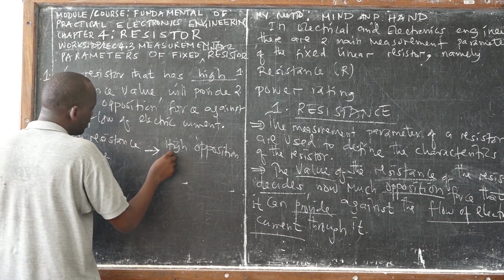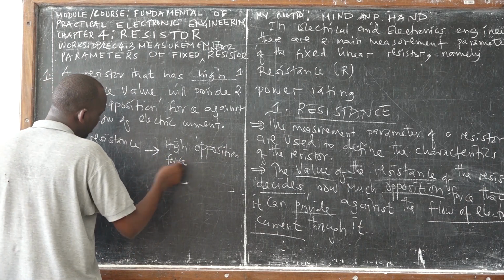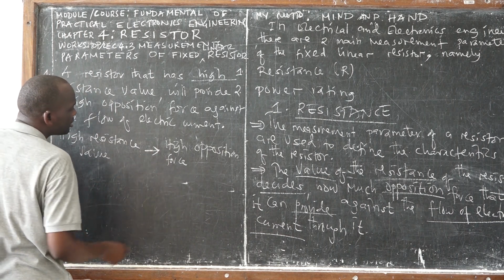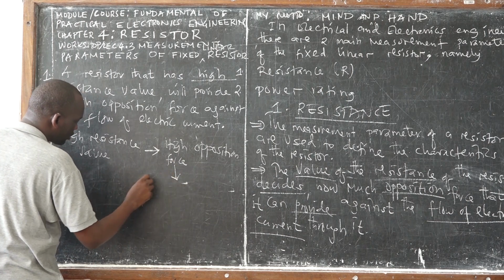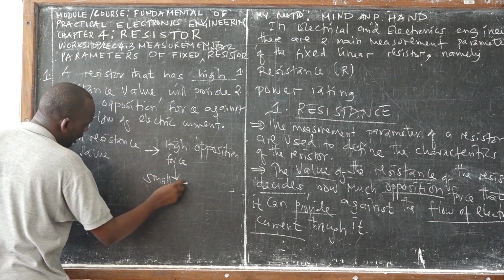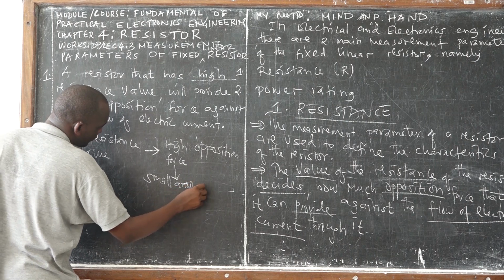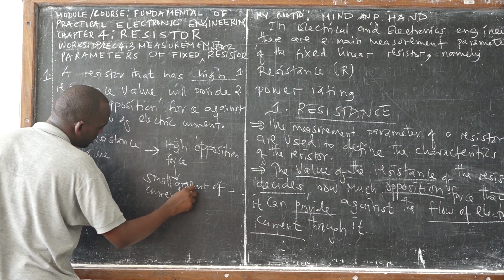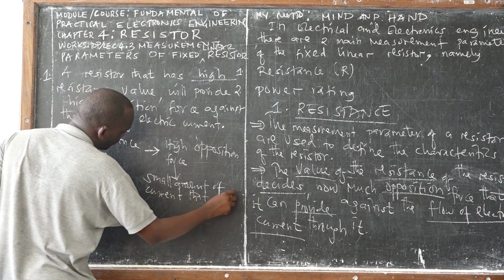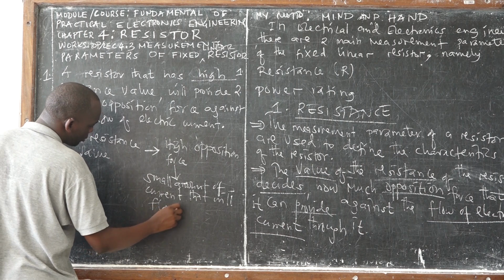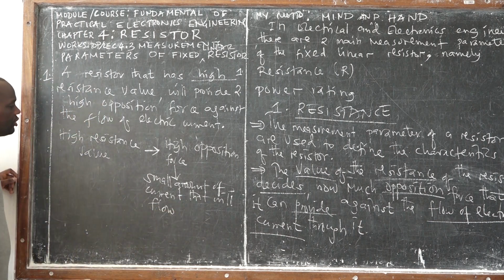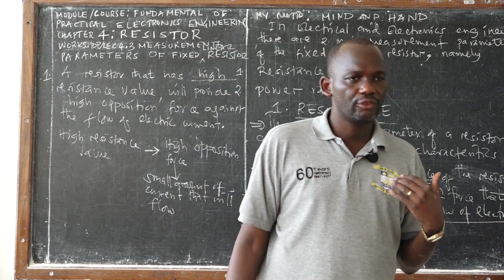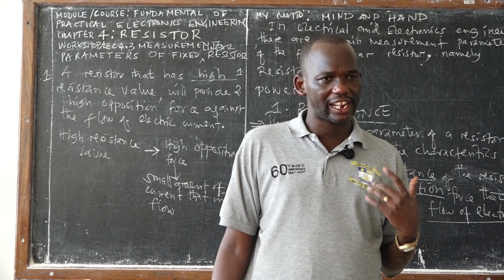But this high opposition force will also cause a small amount of current to flow through it. So high resistance value causes high opposition force against the flow of electric current through it.